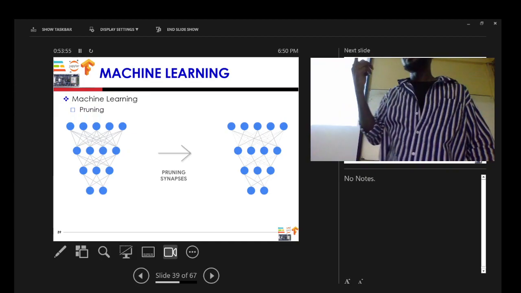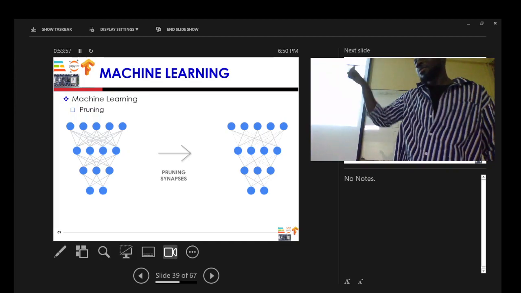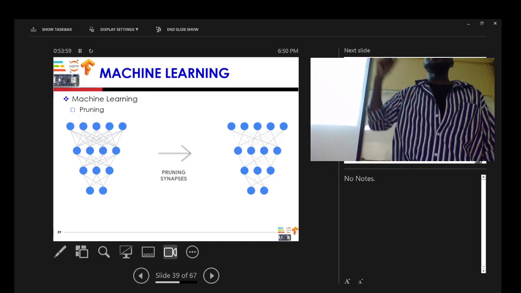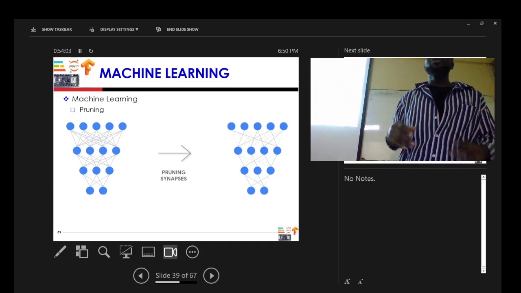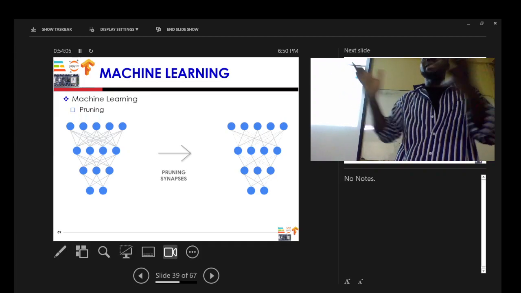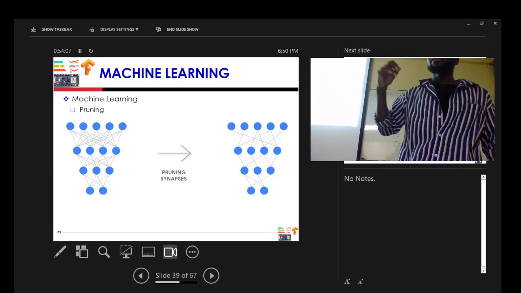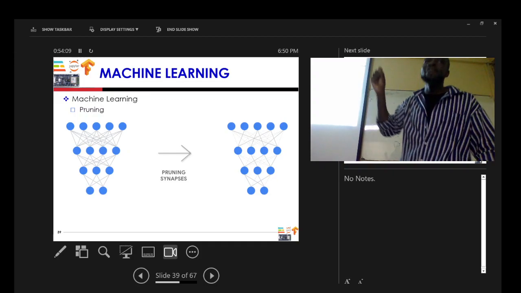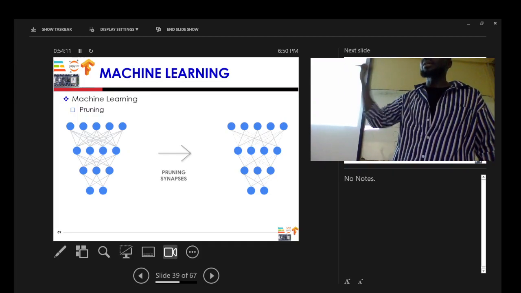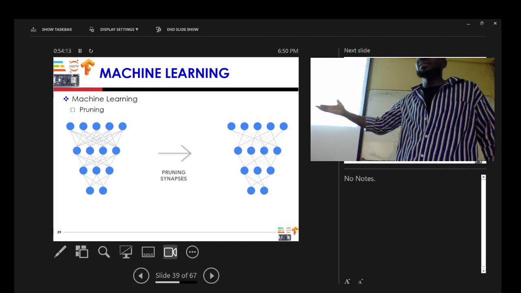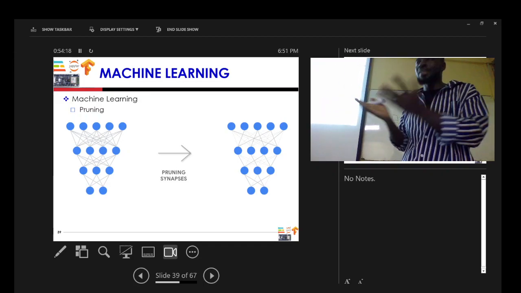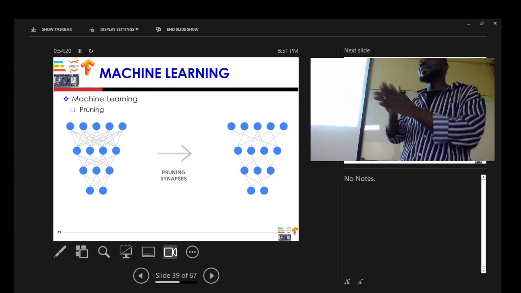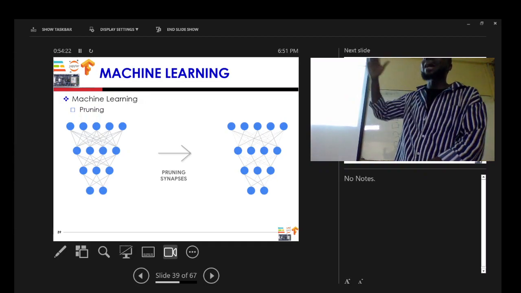But there's an issue here. Once you remove some of the interconnections, the accuracy might reduce. So what you do is you design a model that is big, and then you begin to remove some interconnections, and test the accuracy to see whether it fits your system. You want a smaller size, and the accuracy is probably not as high as the original one.